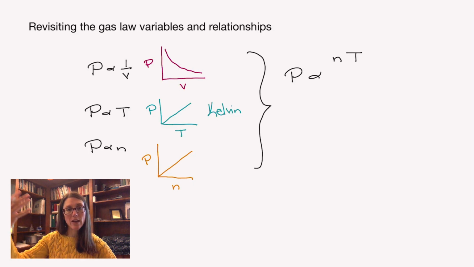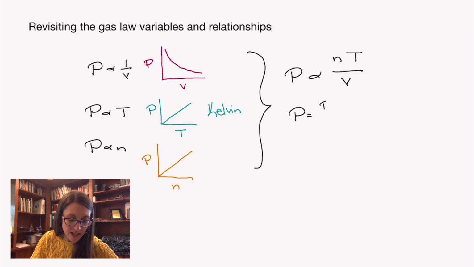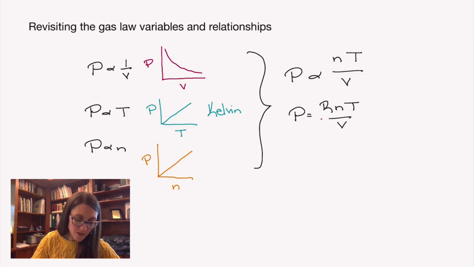Those will be in the numerator over the volume. And again, this is a proportionality. I want an equation. And so what we're going to do is add a proportionality constant. And so the pressure for a gas is equal to R times N times T over V, where R is what's called our ideal gas constant.